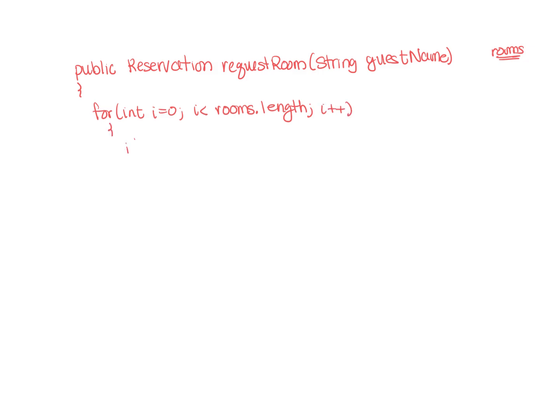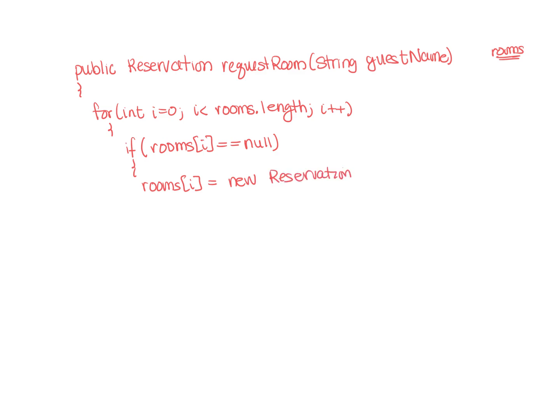So here we have if rooms i is null. That means we have an empty room for a new reservation. So here, you're going to make your new reservation. So rooms i. Since we're creating a new object, you need to use the new operator. So new reservation.